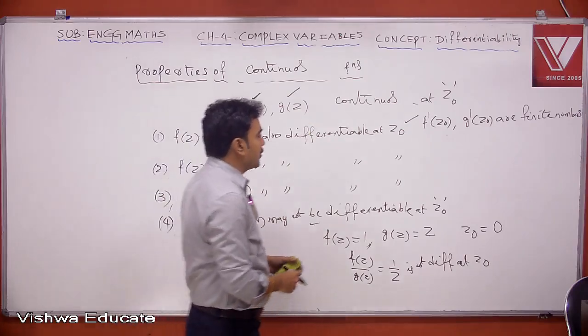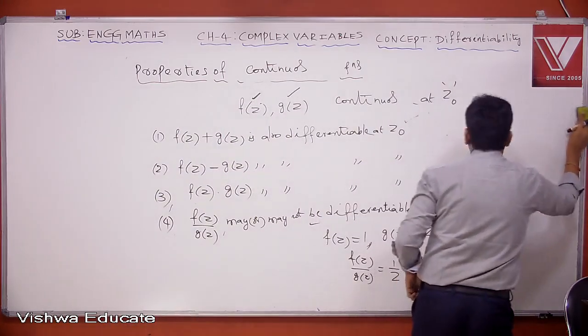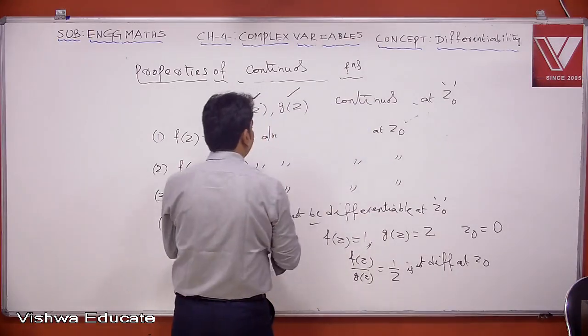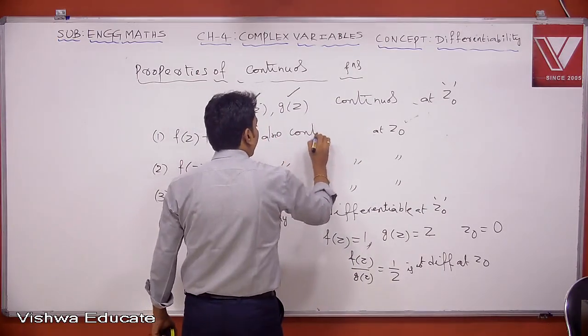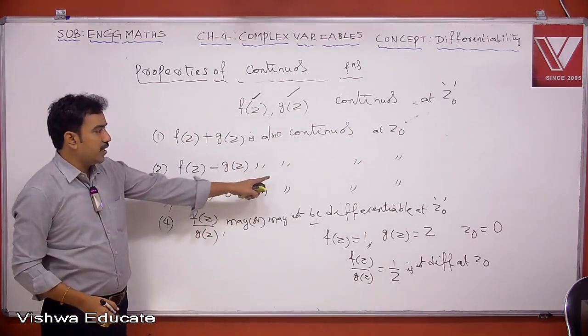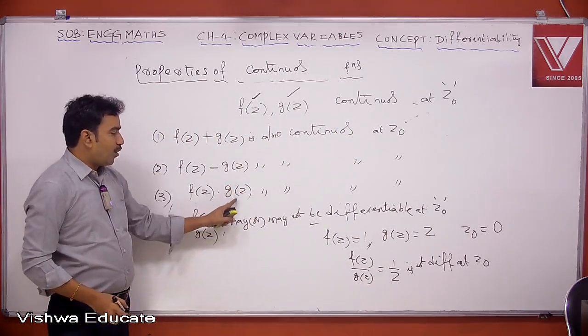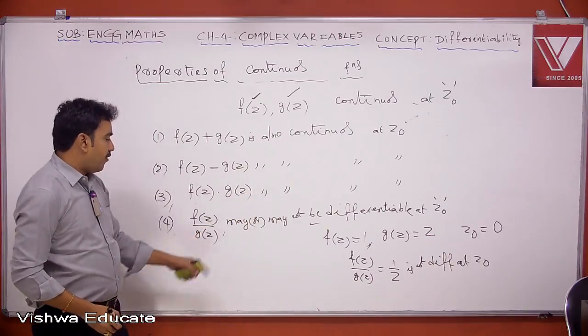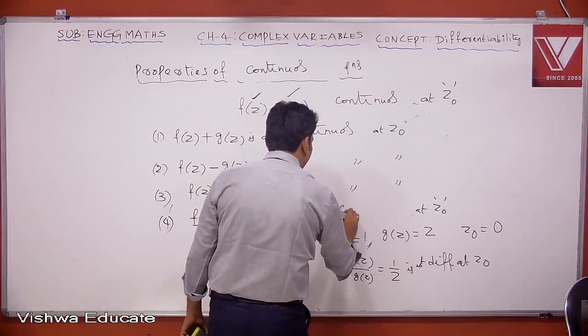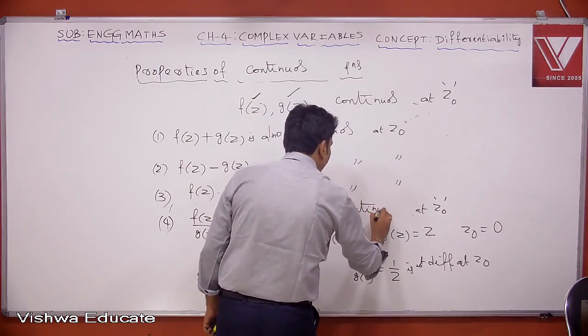Both are continuous at a point z naught. Then their sum is also continuous at the same point. The difference is always continuous at the same point. The product is always continuous, but f of z by g of z may or may not be continuous at z naught.